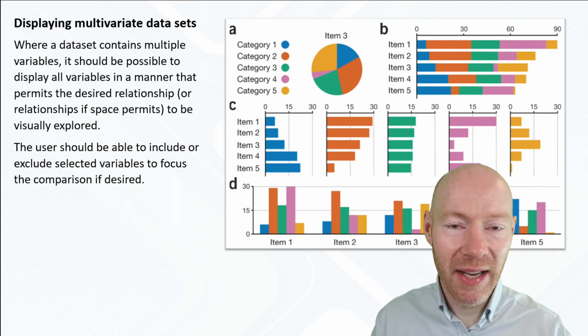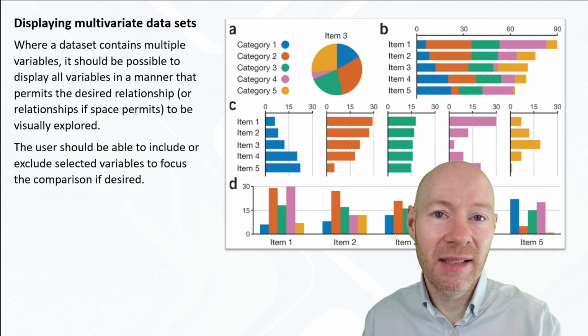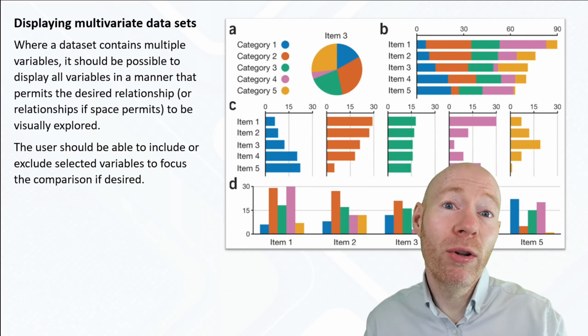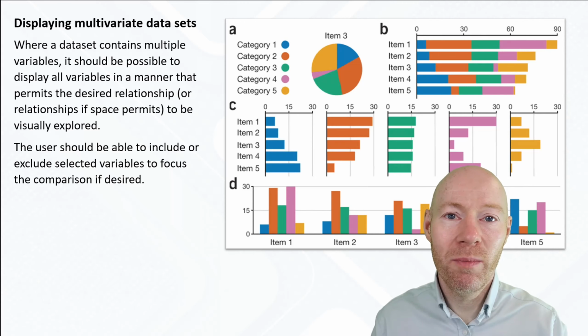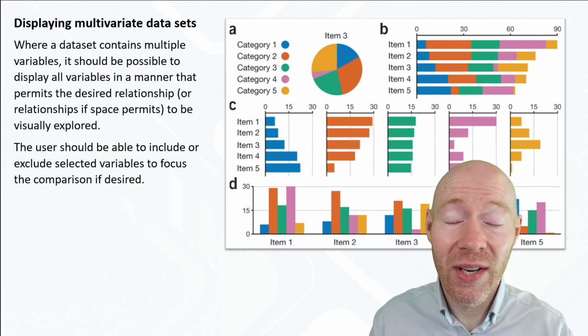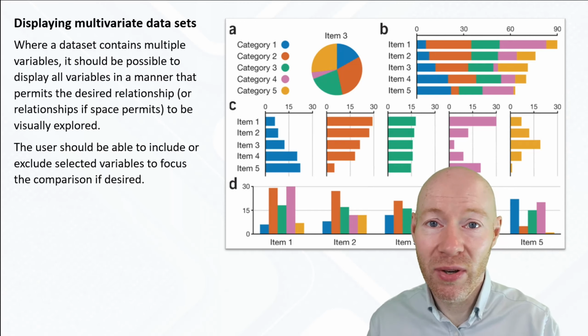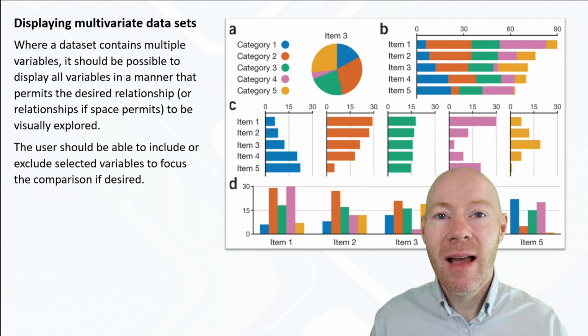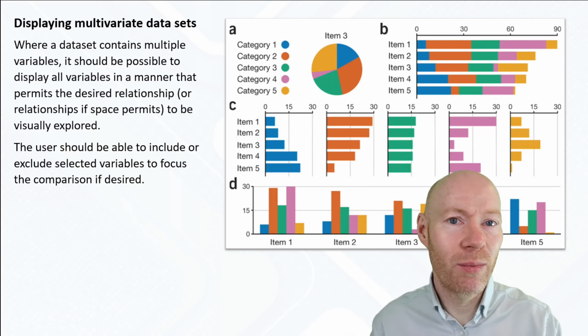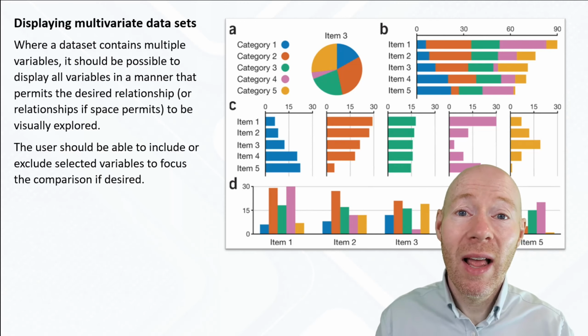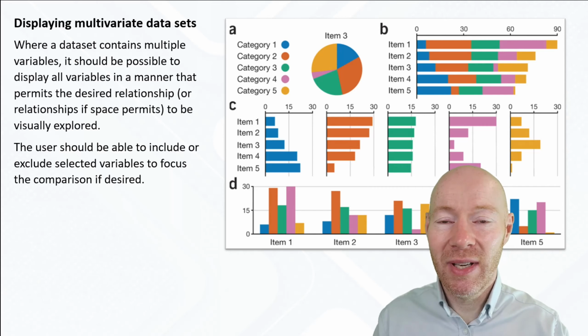Displaying multivariate data sets. So where we have a data set that contains multiple different data values. It could be where we have maybe 5 different evaluations from option A, B, C, D, and E, or 5 different combinations of data, or 5 different groups of users, or any number at all. It's several items of data.